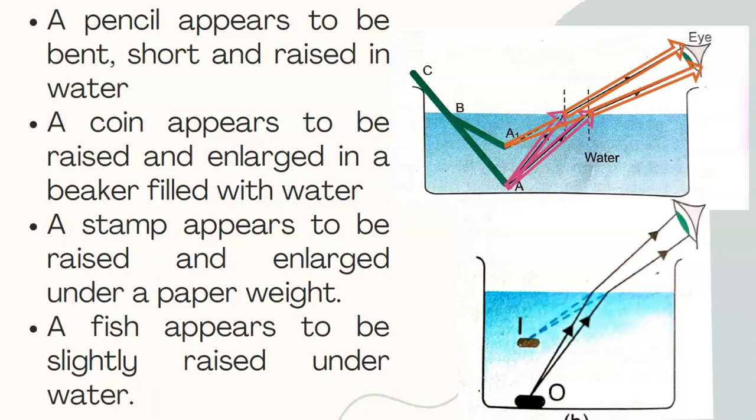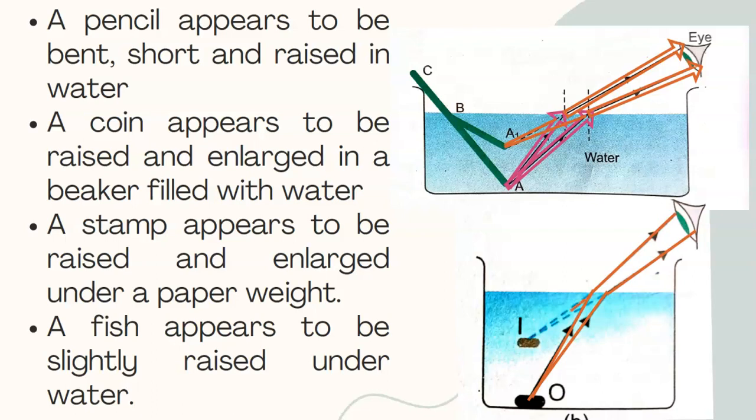Same in the case of the coin. Two rays of light are coming out of this coin, and when they are traveling from water to air, they are going to bend away from the normal and enter into the eye.